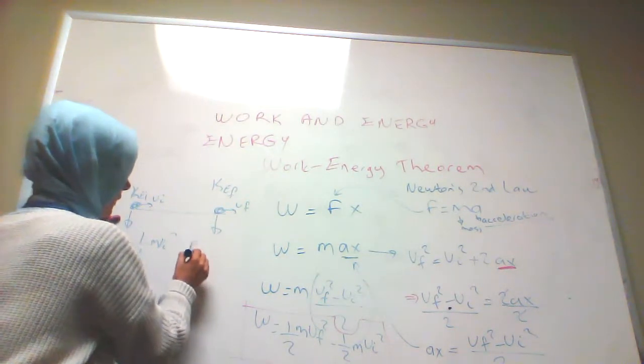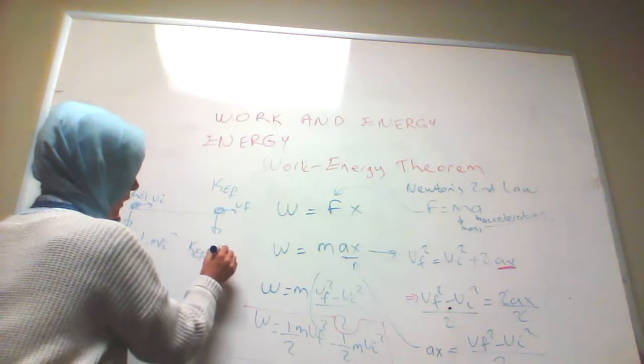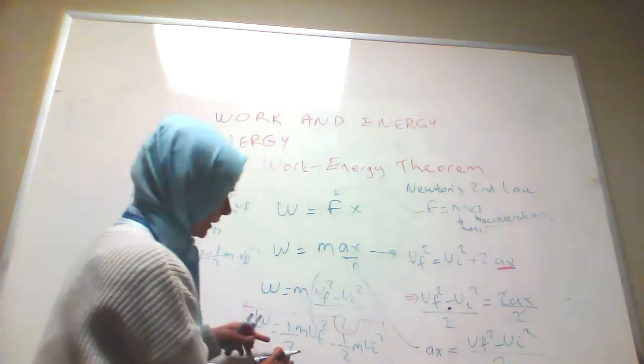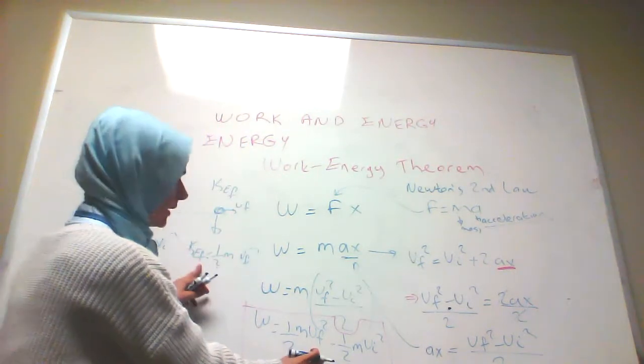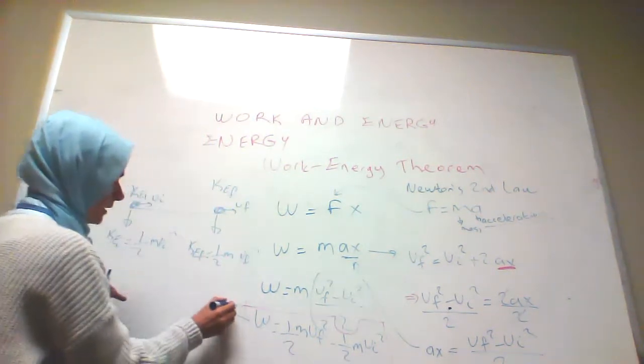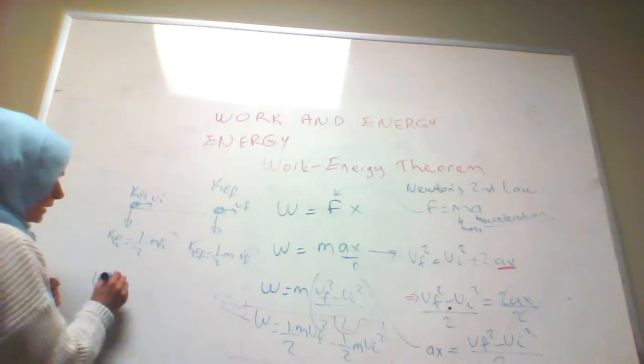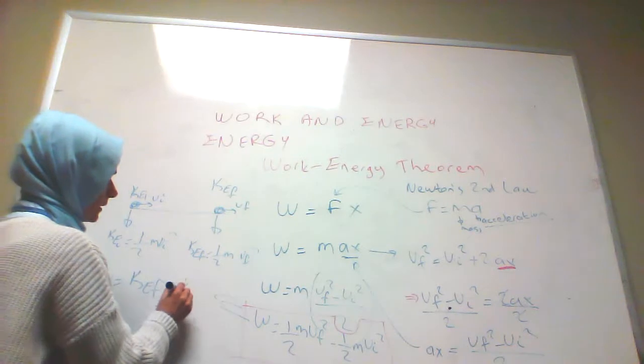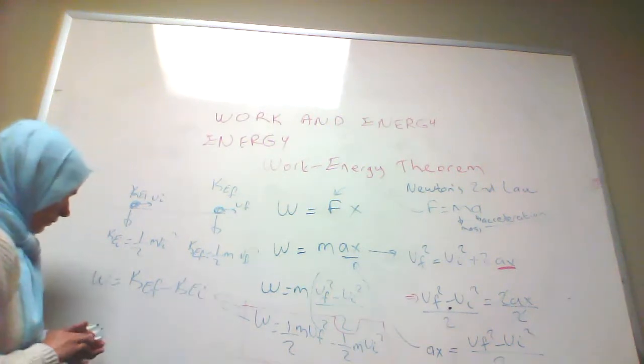Kinetic energy final will be 1 over 2 m v final squared. So what we got here is actually kinetic energy final minus kinetic energy initial. So work is equal to kinetic energy final minus kinetic energy initial, actually.